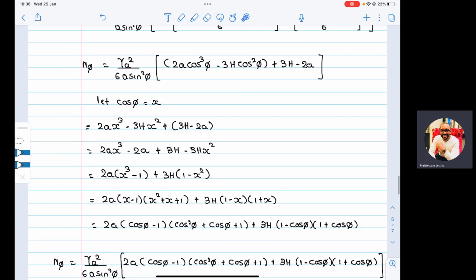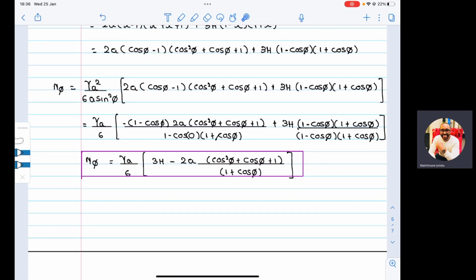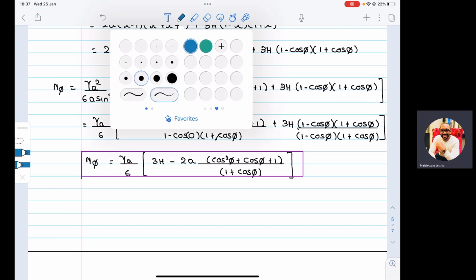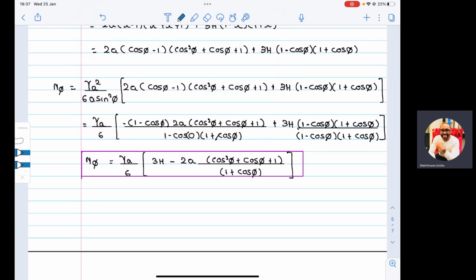Okay, so now I have distributed in sine squared into the expression. Sine squared, if you rewrite it, you will see that, of course, this is phi here. Oops, sorry, that should be phi there.